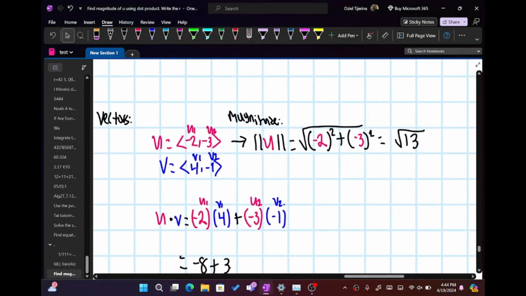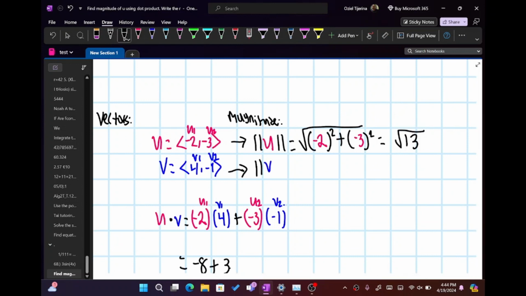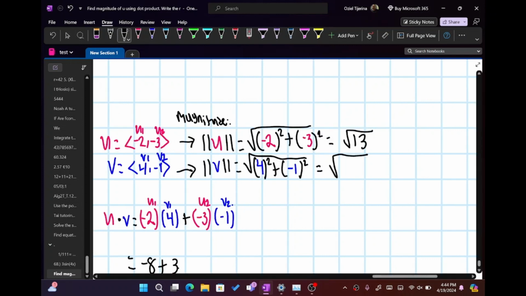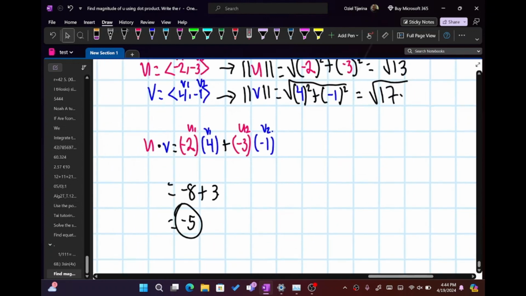So with the Pythagorean theorem, the magnitude of v is equal to the square root of 4 squared plus -1 squared, which is 16 plus 1, so it's equal to the square root of 17.